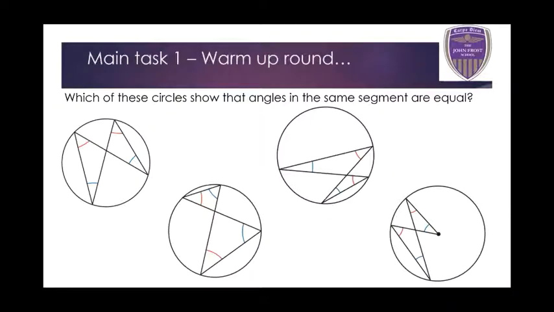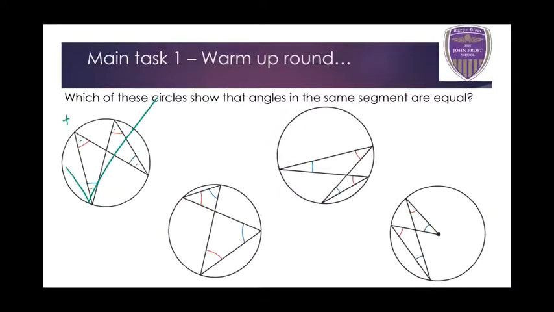Okay, so let's have a look at the first one here on the left. Now I can see the lines are touching the circle in 4 points, and it's saying that this red is equal to that red. I'm happy with that, and this blue angle is equal to this blue angle. I'm happy with that.